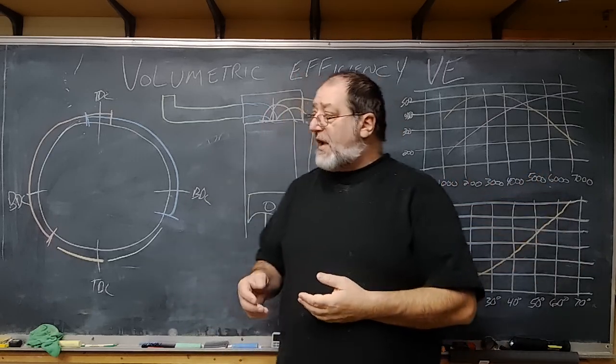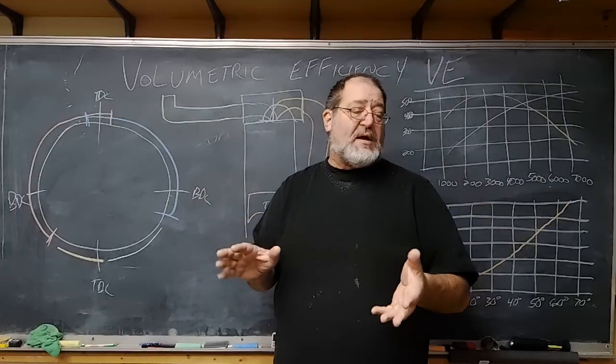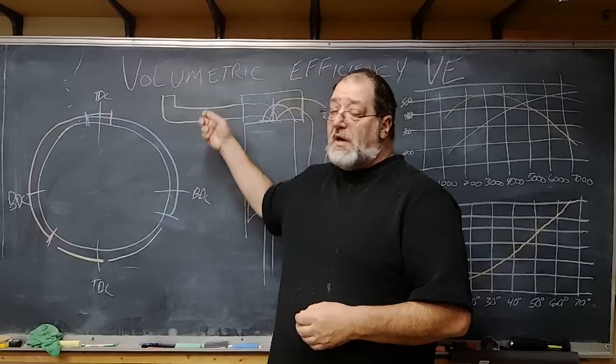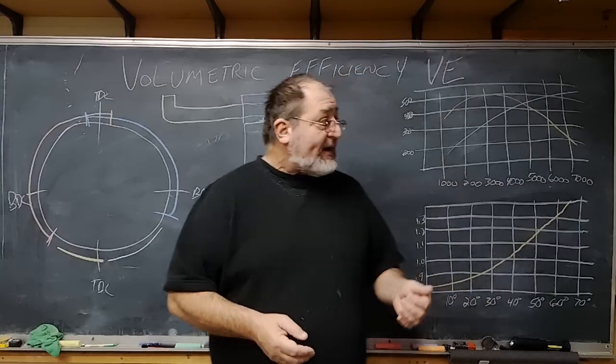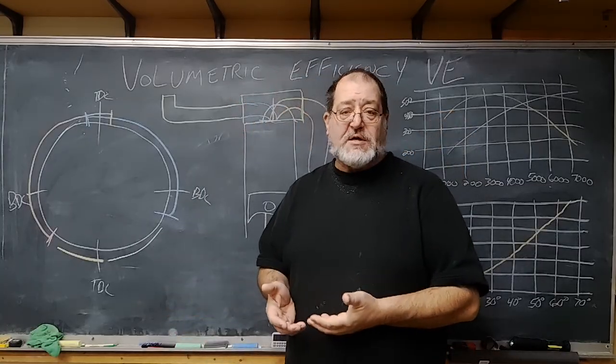A lot of guys will say, well, I just want an intake that's big enough that it's more than big enough to flow what it needs. That is not correct. This is your airspeed. If you go too big on the intake, it gets way soggy down here. And you need to pick up that airspeed.